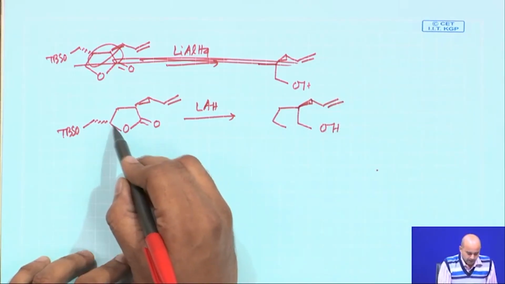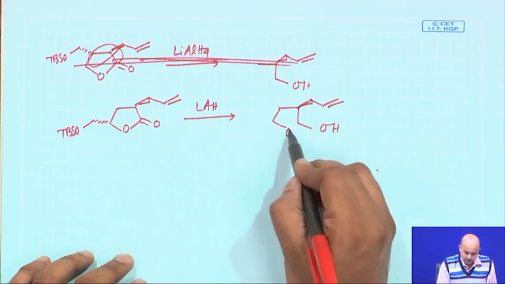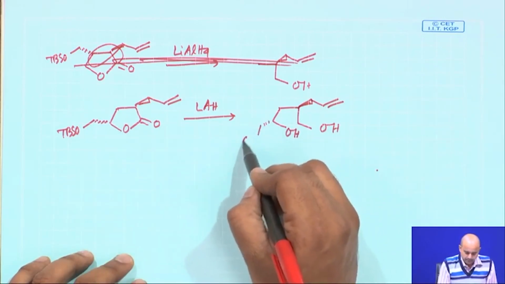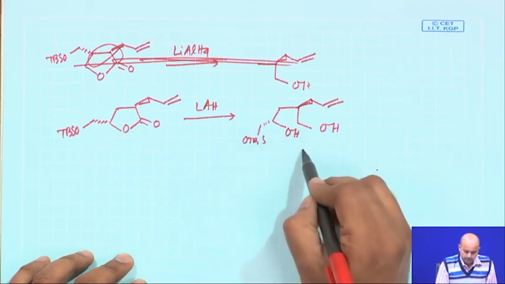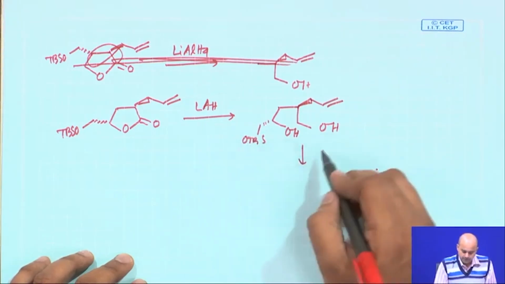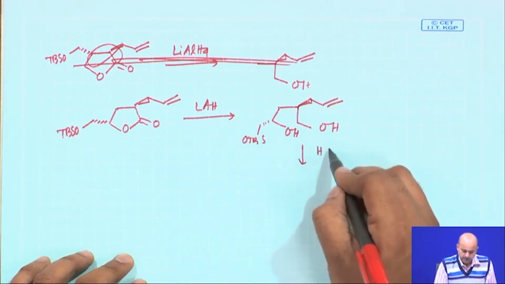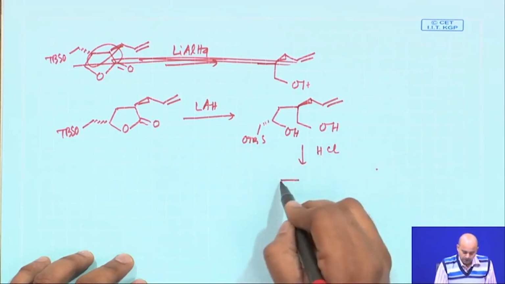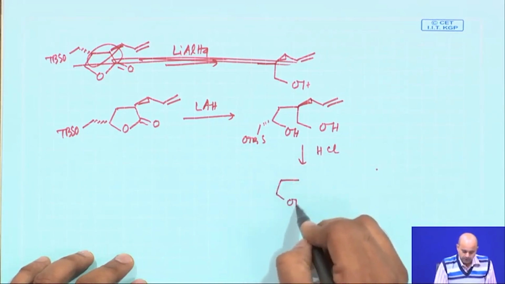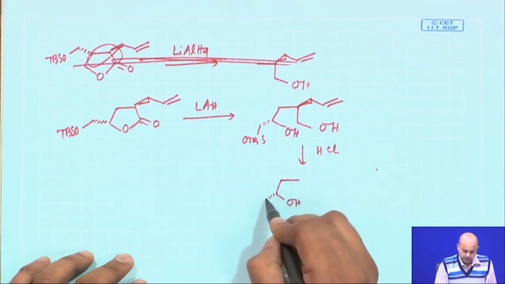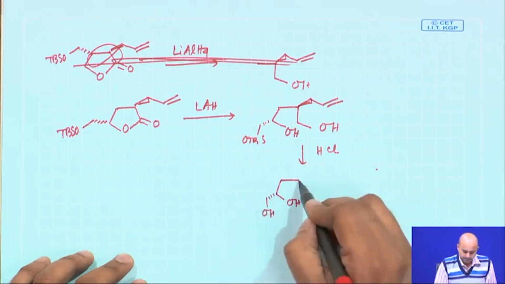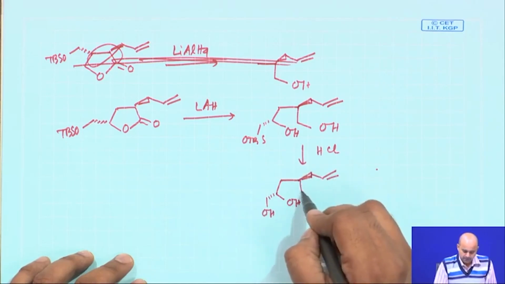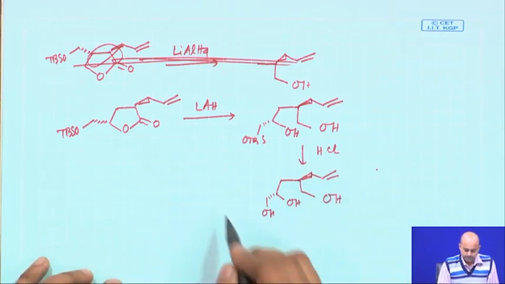Now, after cleavage this will give you this OH and this OTBS. Now, TBS can selectively be cleaved by HCl treatment, that will now give you the diol, which is next required for this oxidative cleavage. So, the allyl appendage is there, and you have this CH2OH.